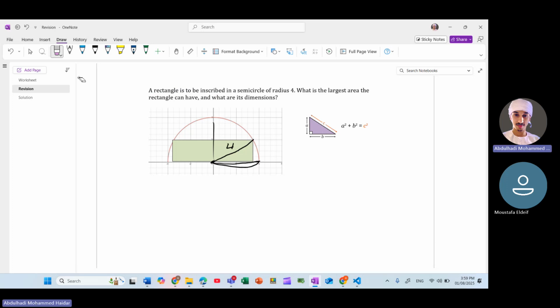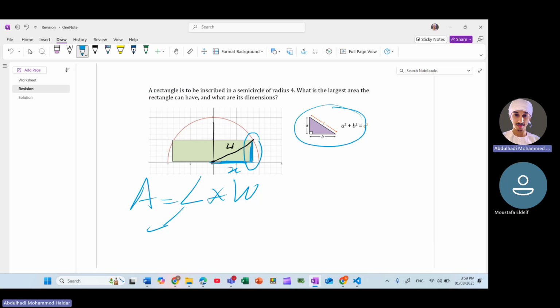Okay, so this one you are going to find, which is x, and this one we don't know. So we want to find the formula, which is A equal to length multiplied by width. The length is easy, but we don't know it, so we have to use Pythagoras: x equals the square root of 4 squared minus x squared.